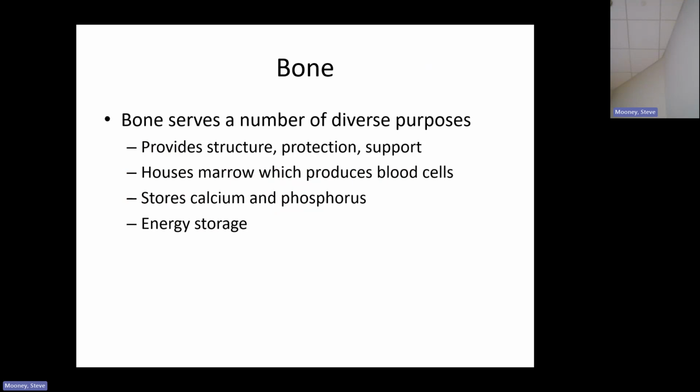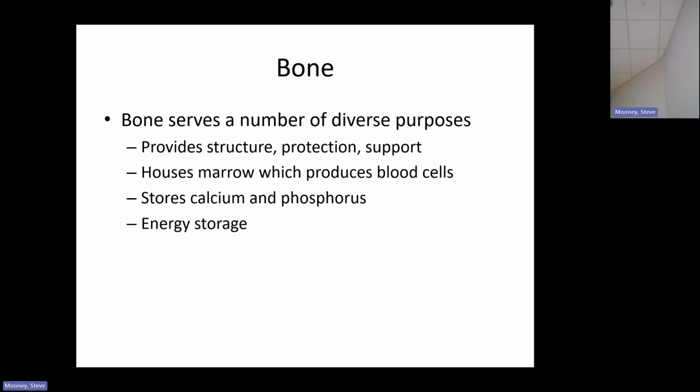So with calcium and bone, we're thinking about providing structure, protection, and support for the body. We're housing the bone marrow in that spongy bone. That's where our blood cell manufacturing system is. We're going to store calcium and phosphorus for later use or times of shortage.